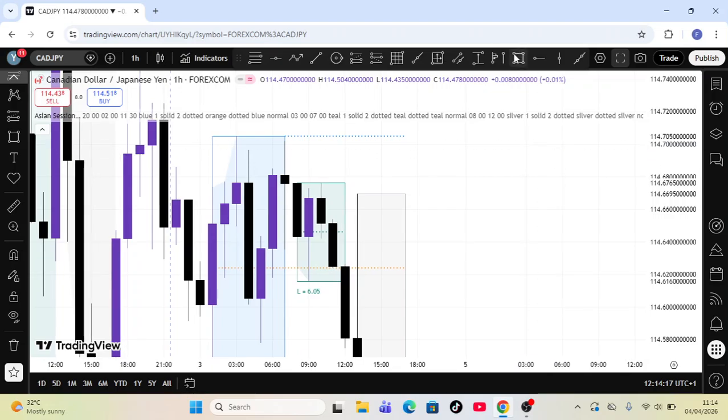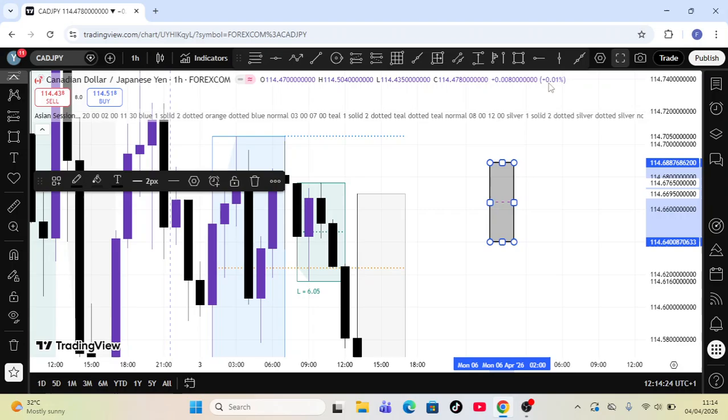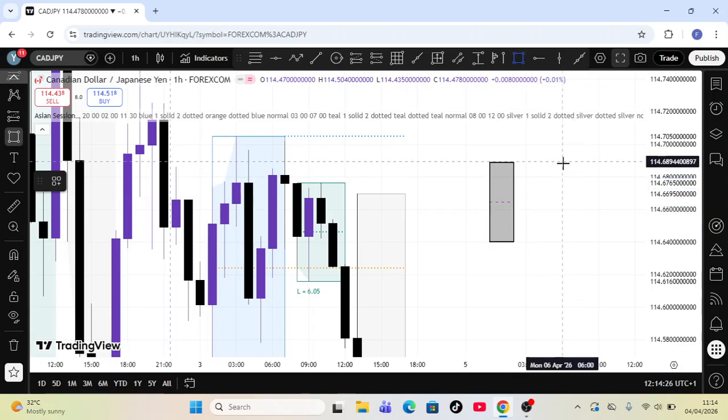You can see it over there. If the market is going down, this is what you will see.